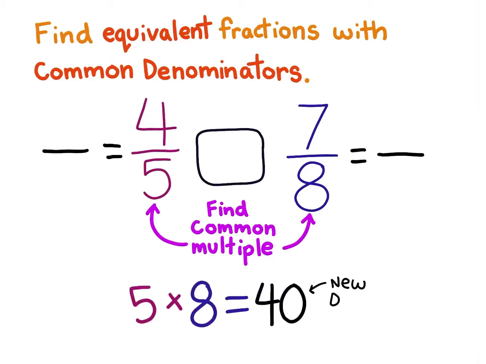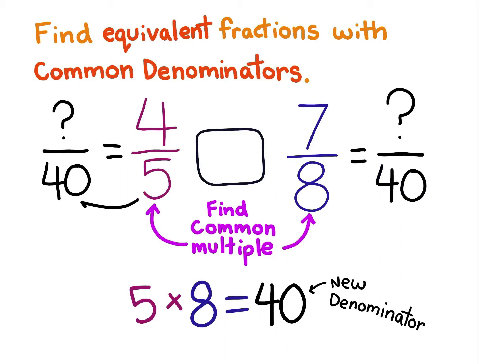The easiest way to find a common multiple of two numbers is to multiply those two numbers. Multiply 5 times 8 and you will find 40. That is a common multiple of the factors 5 and 8. Our new denominator for our equivalent fractions will be 40.